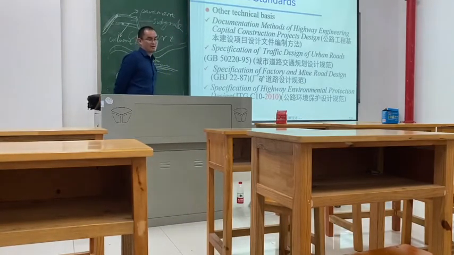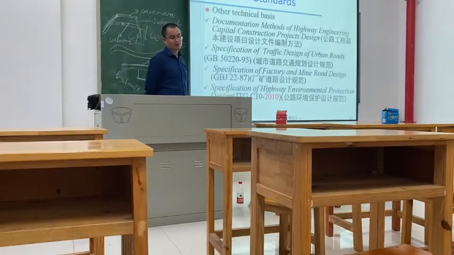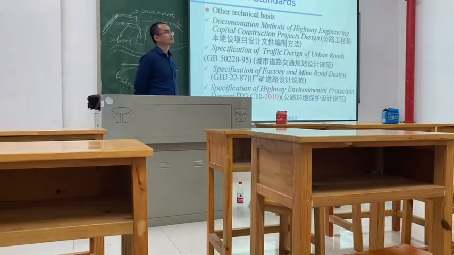Specification of highway environmental protection design, the code is JTG B04-2010, in 2010.